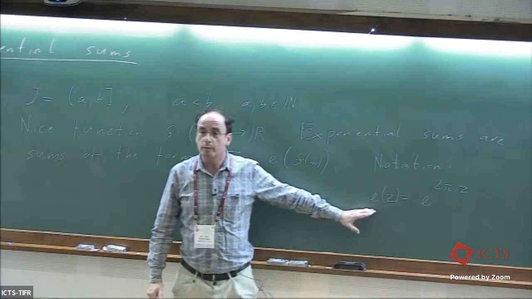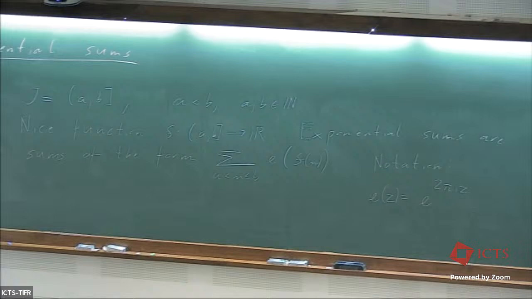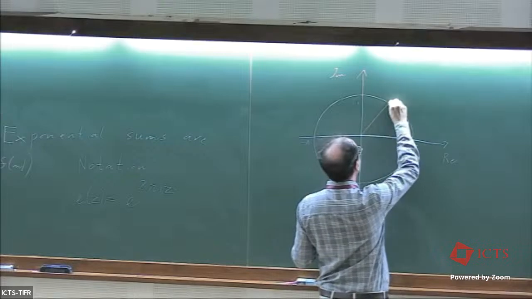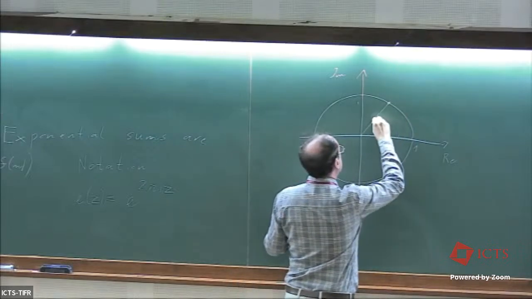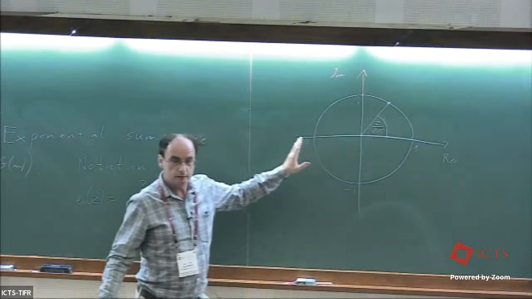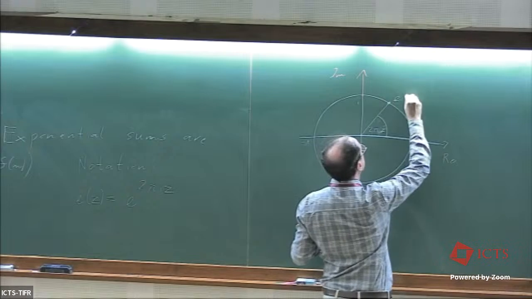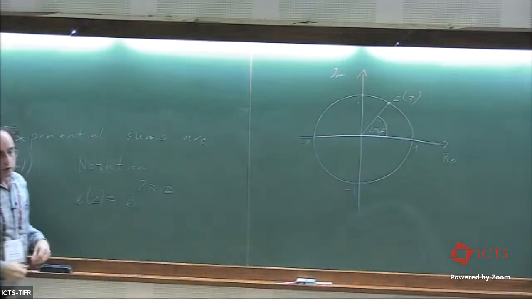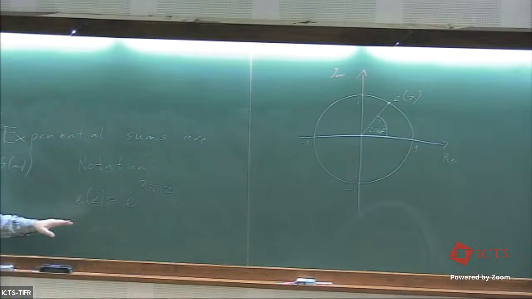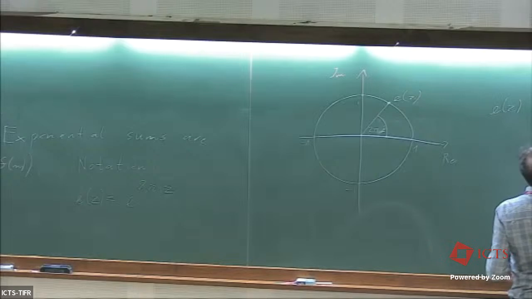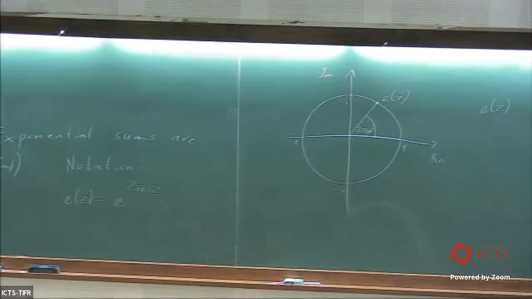So this lies on the unit circle in the complex plane. The angle is 2 pi z, and we see that E of z just depends on z modulo 1.